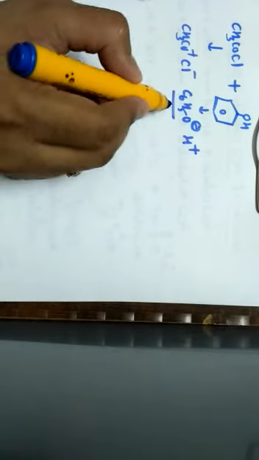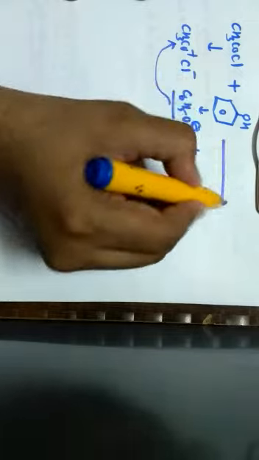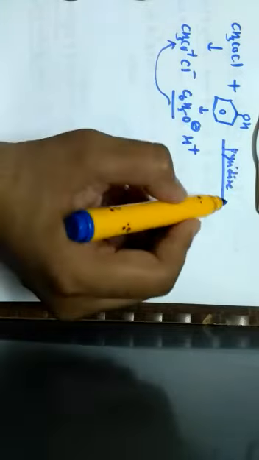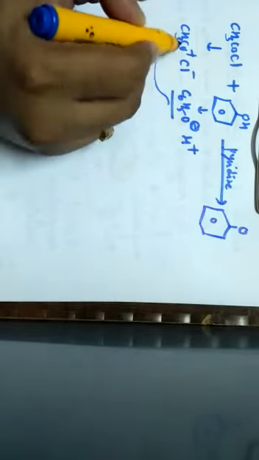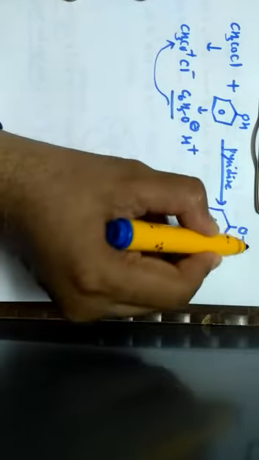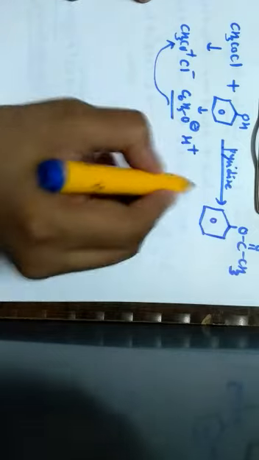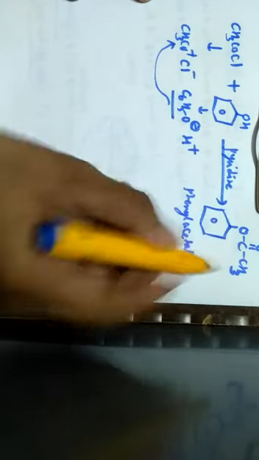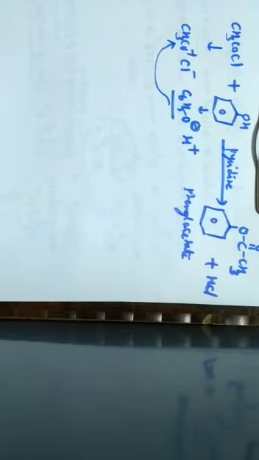So C6H5O minus can take away CH3CO plus. Here again the reaction takes place in the presence of pyridine solvent, which can readily give rise to C6H5-O-CO-CH3, which can be considered as phenyl acetate. Along with phenyl acetate, there is a formation of HCl.